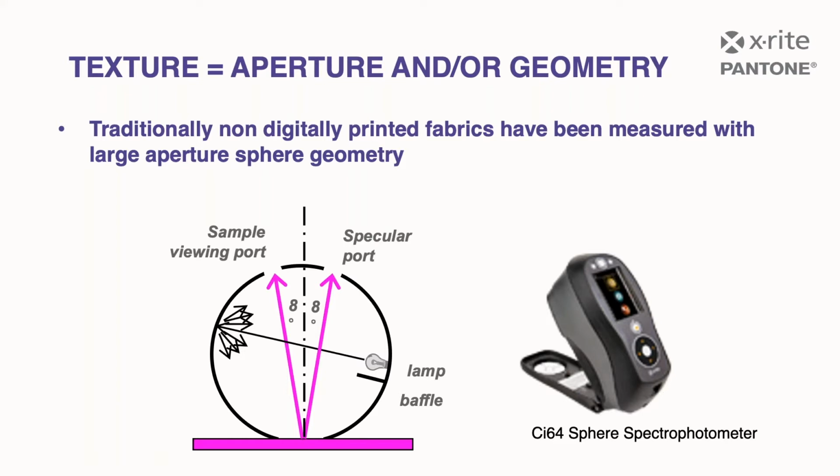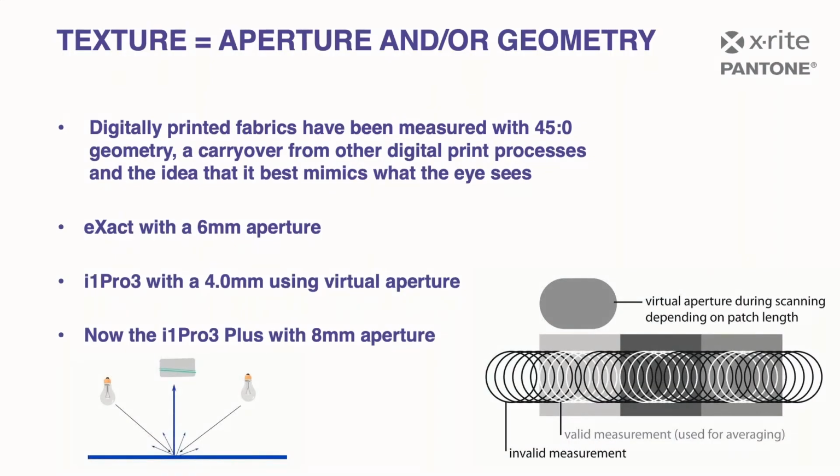And so this has been traditional for textiles for years. And I should mention in that last slide too, that traditionally in textiles, they used a pretty large aperture, right? So if we look at this though, digitally printed fabrics have been mostly measured with 45-0 geometry.